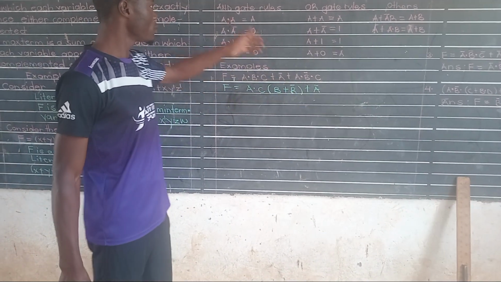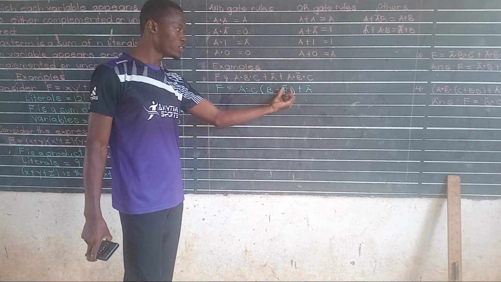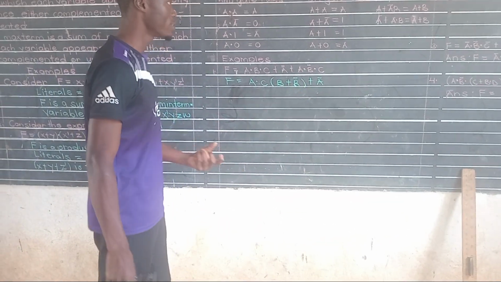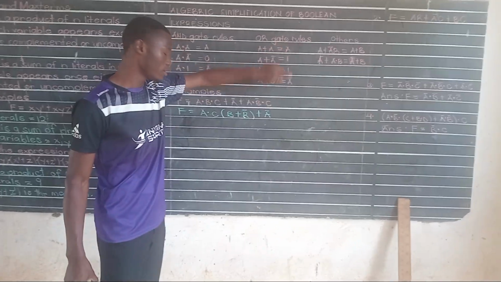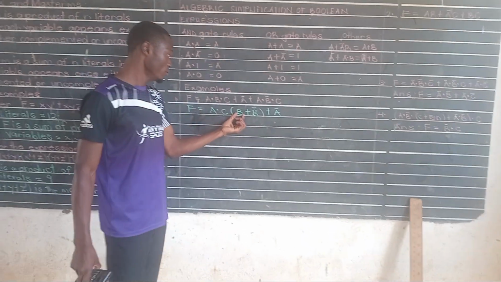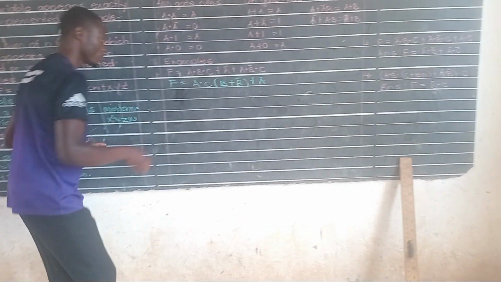Now I can refer to these rules. Which rule says that B or not B, what is its equivalence? I'm having A or not A being 1, therefore B or not B is 1.